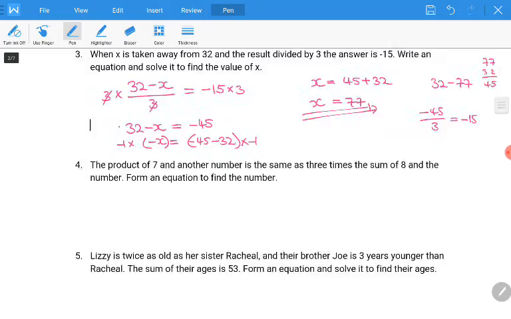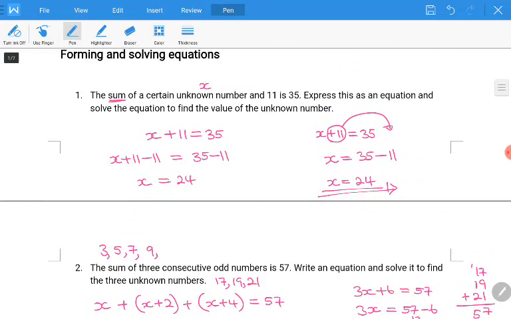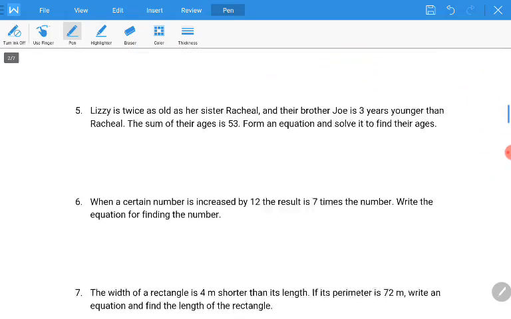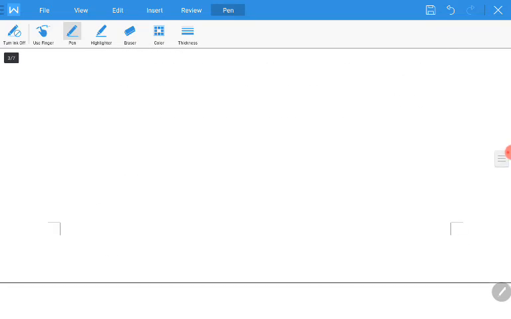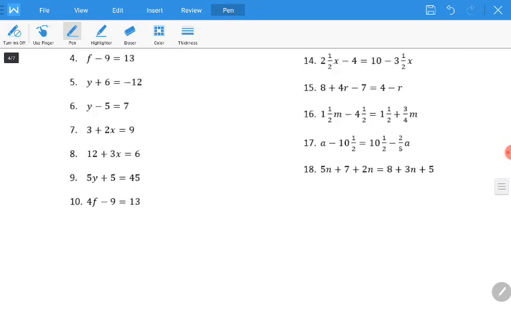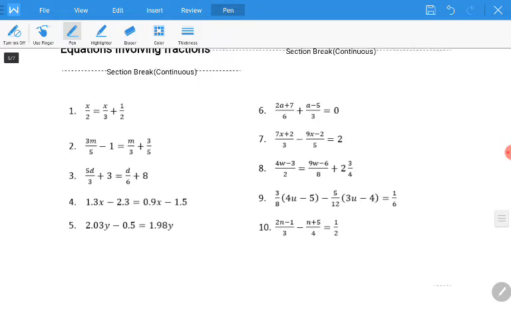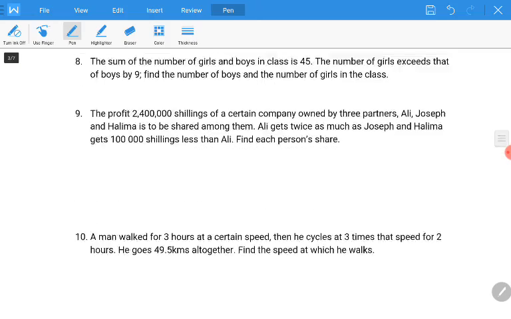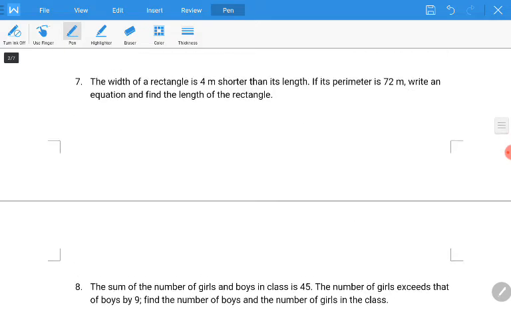Here I just wanted to show you how equations are formulated so that you understand when an equation needs to be formulated and how it will be solved. So I encourage you to first do the questions in this exercise, then you will be able to solve these word problems.